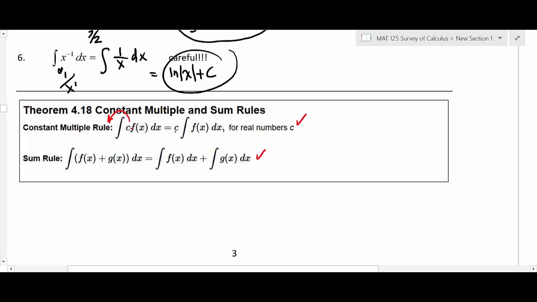So you might want to write this down at the side. An example of this would be 2 times x to the 3rd dx. If you have a function and a constant, you can just bring that in front, and then you're going to do the antiderivative of x to the 3rd dx.